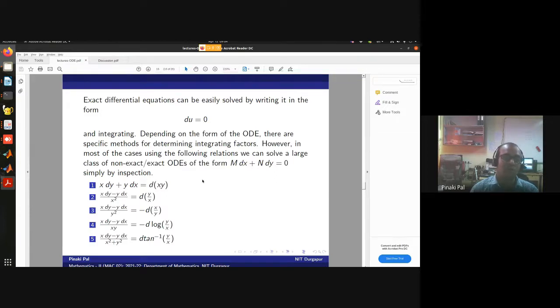But all the problems you will see later can be solved, or the relevant integrating factor can be derived, if we just use these differential relations. I already discussed a couple of problems, and today, if I get time, I will discuss more.